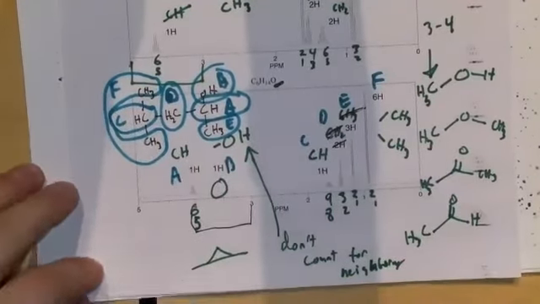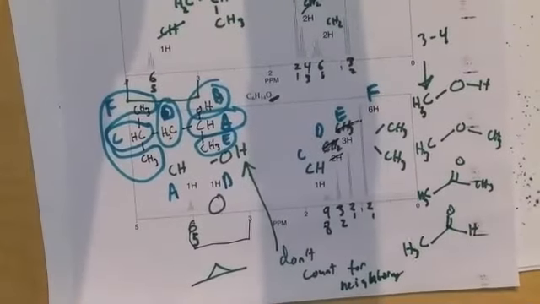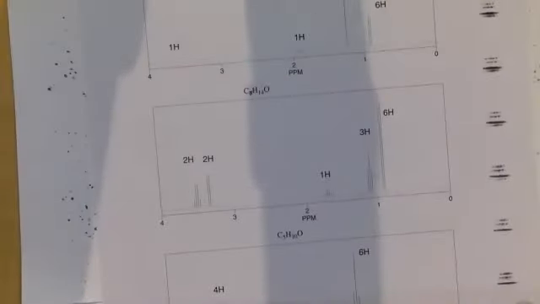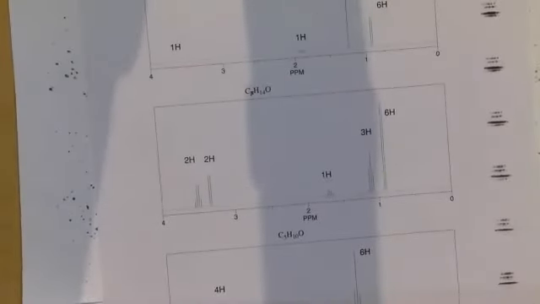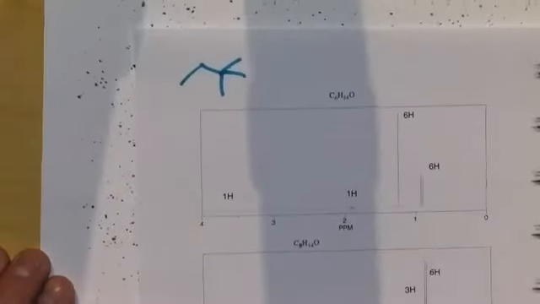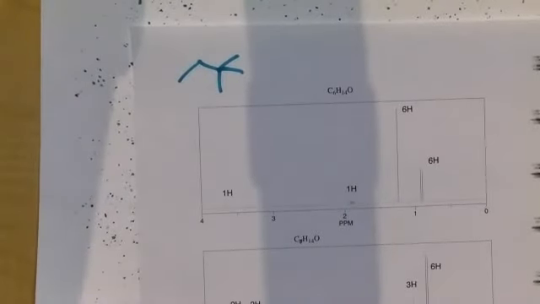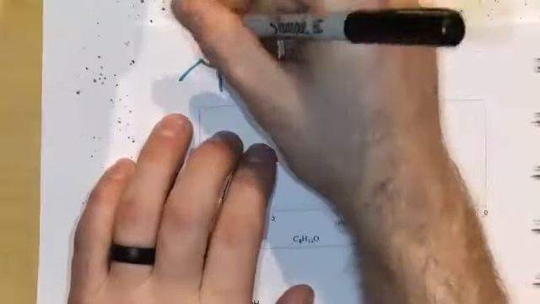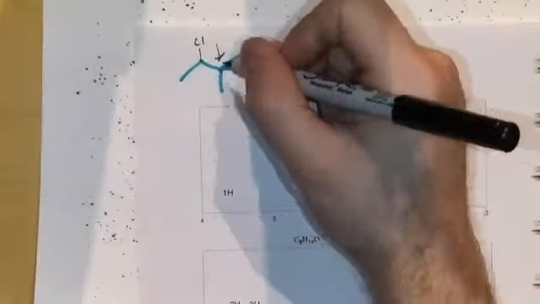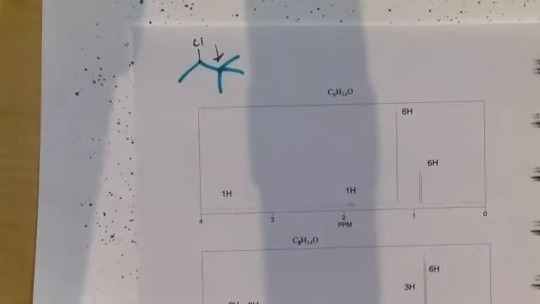I'm just going to do the next one because the next one's kind of hard. This is an example of, if you have something like this here, I'll put a chlorine on here. This position here has 4 bonds to it.